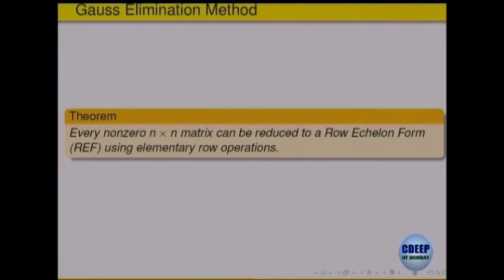The word a is used indicating that there could be more than one row equivalent form of a matrix using purely elementary row operations. Okay. So the row equivalent form we will shorten as REF, and row operations we will write as row operations. This is a theorem, and we will see how the proof also goes as we do something.